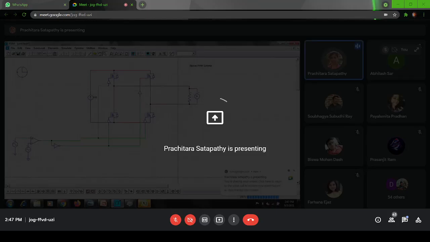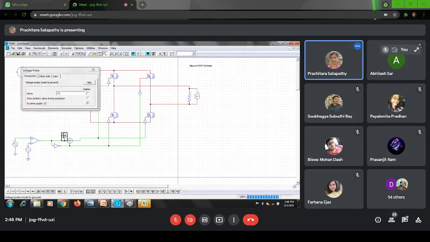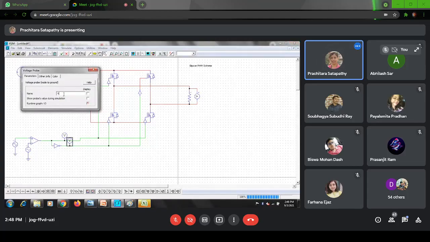If you want to see the gate pulse also, you can see. Let's say I want to plot. You are using node voltage, because these are the pulses we are giving to switch 1 and switch 2. Another is this one, yes or no? This is VG1 and this is VG2.